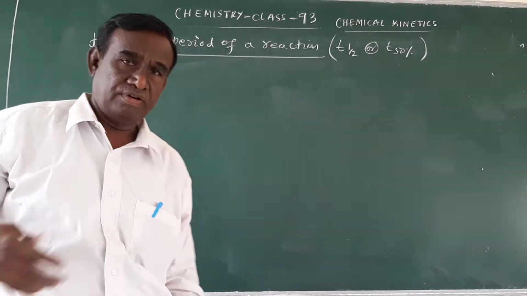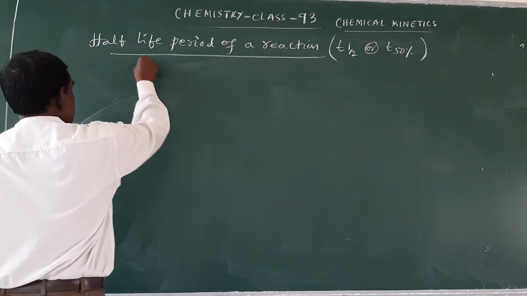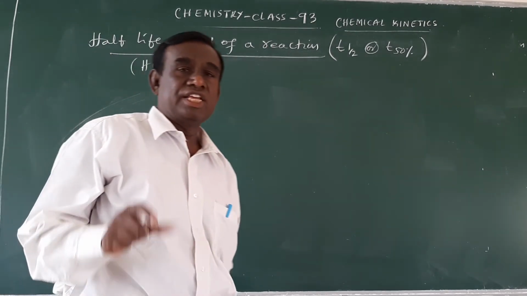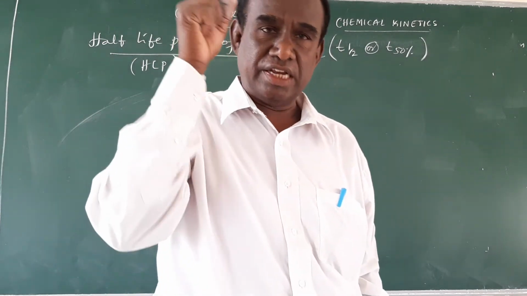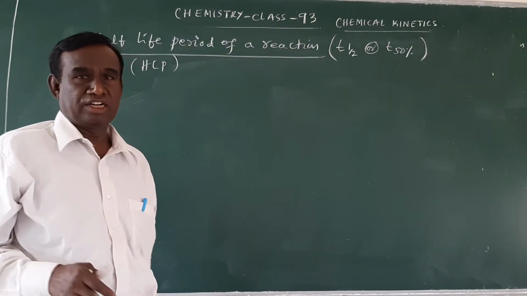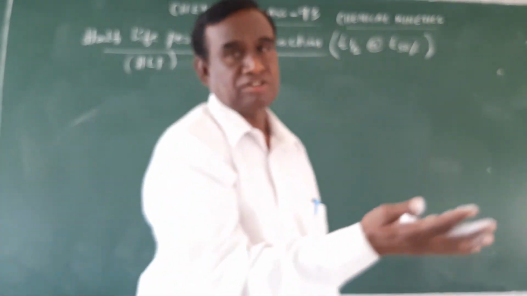The half-life period of a chemical reaction is defined as the time taken, or the time required, for the reactant to reduce its concentration to half of its initial concentration.